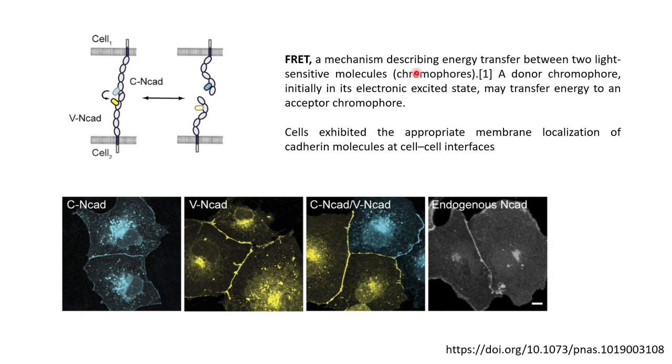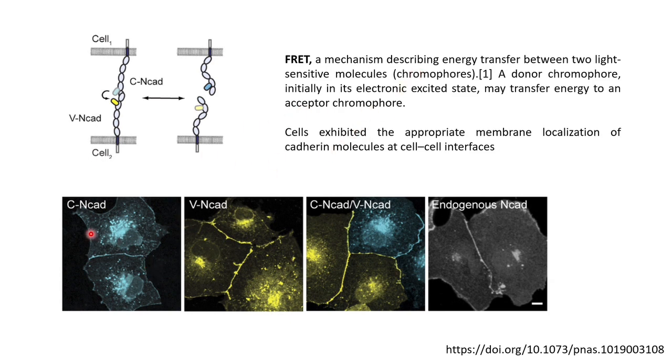So there will be a donor chromophore and an acceptor chromophore. So the donor chromophore, which is in the electronically excited state, will transfer its energy to the acceptor chromophore, and thereby we will be able to see the fluorescence intensity during this process.